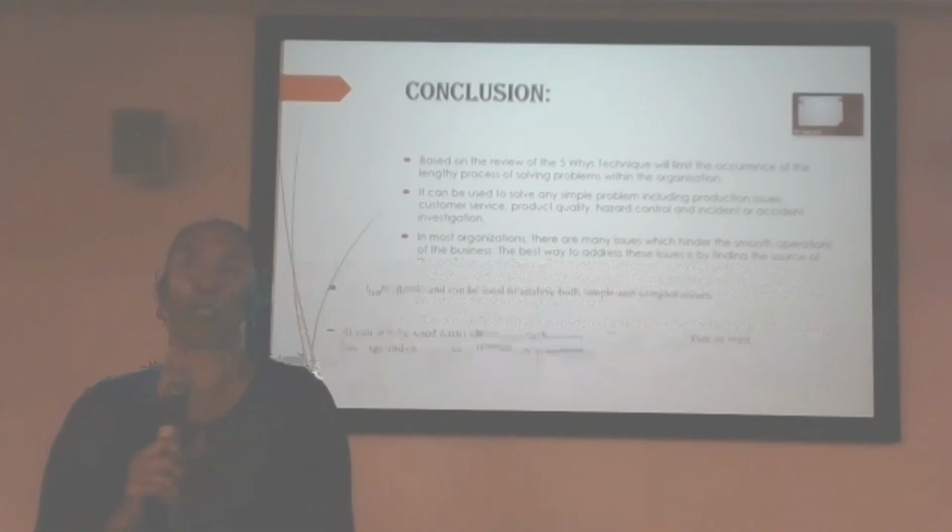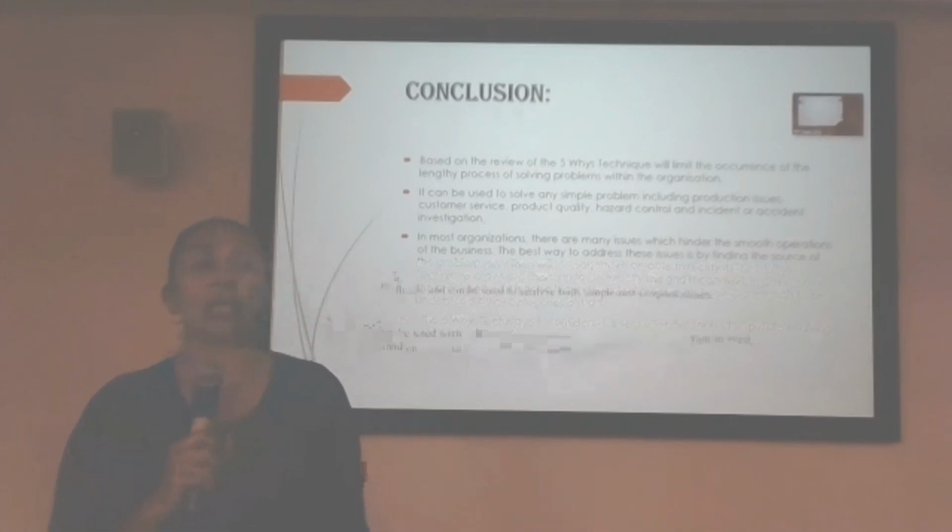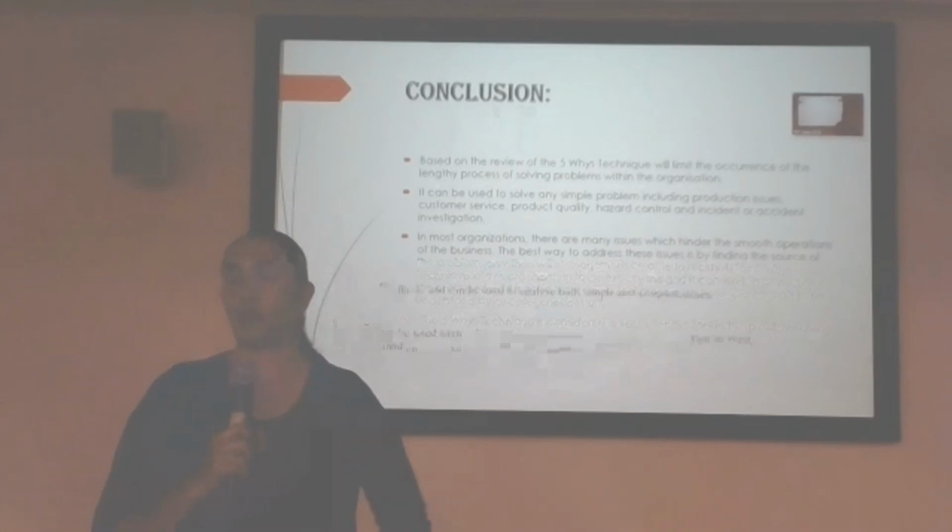And we need to remember that you all are a profit-making organization. So if problems keep recurring, very simple problems that affect the smooth running of the industry, it will affect returns because it will affect profits, it will affect sales. And it will also affect the quality of the goods that you're producing, which can also diminish customer loyalty.